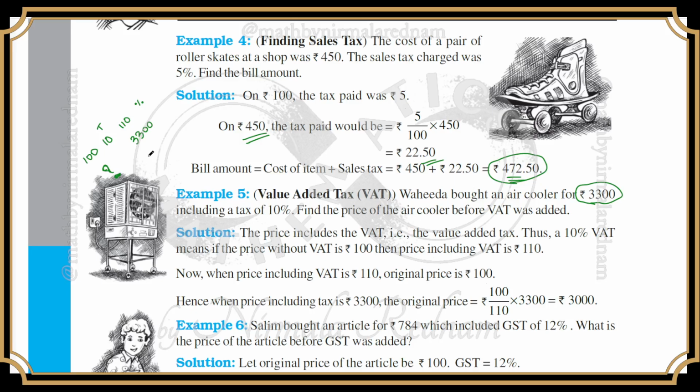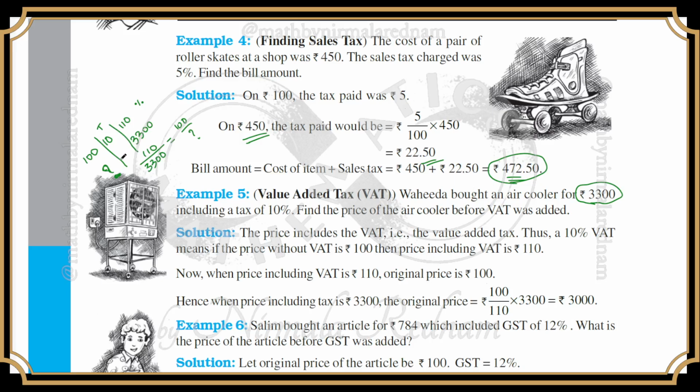So what I'm going to say is 110 is to 3,300 as 100 is to how much, correct? And this is going to give you, after cross multiplication, 3,000 as your answer. Is that clear? So you need to understand this clearly.